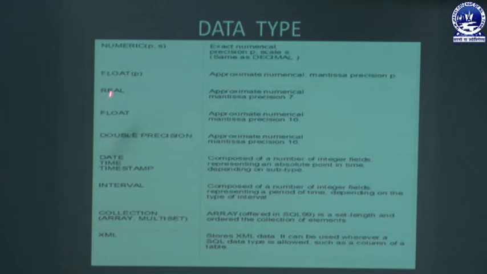These are used to hold data having decimal points. And this one is date, time or timestamp. These data type variables are used to hold date type or time type data, and there are some other data types in SQL statements.